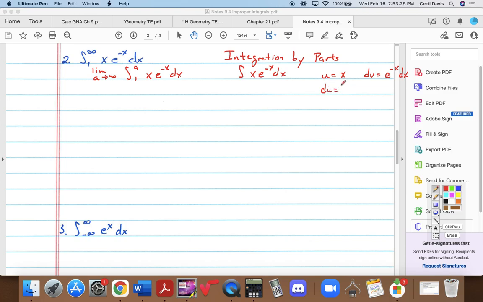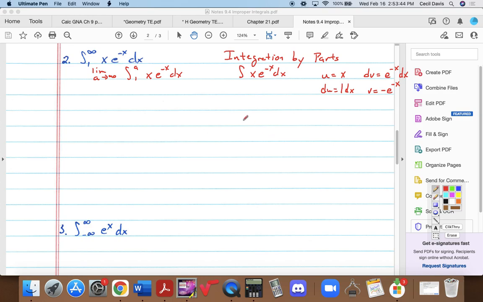So du will be 1 dx. And v will be the antiderivative of e to the negative x, which is negative e to the negative x.